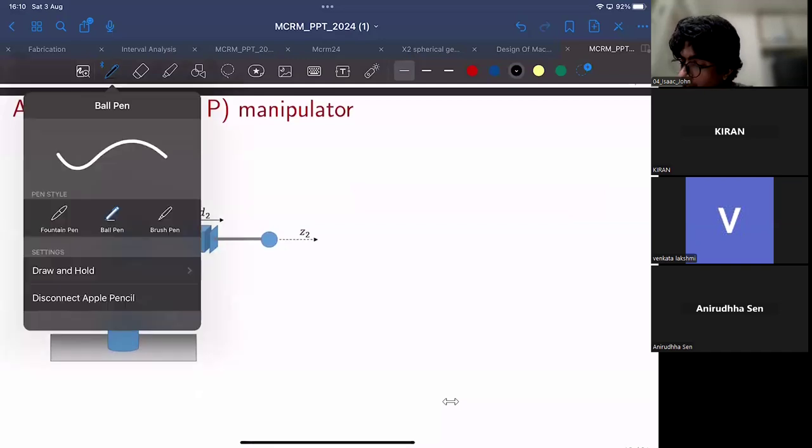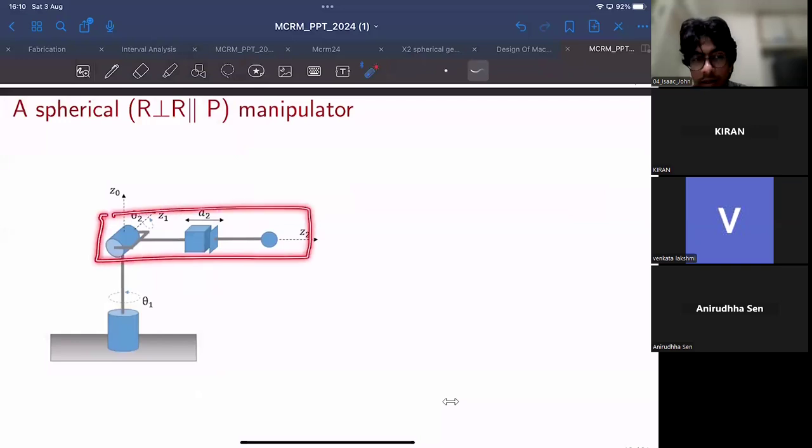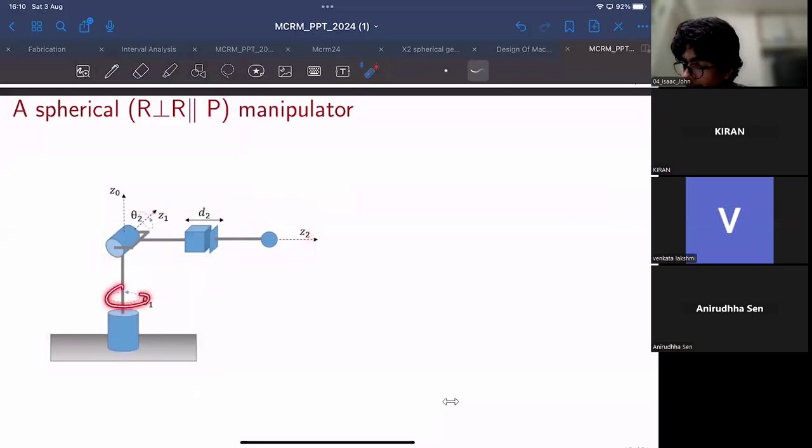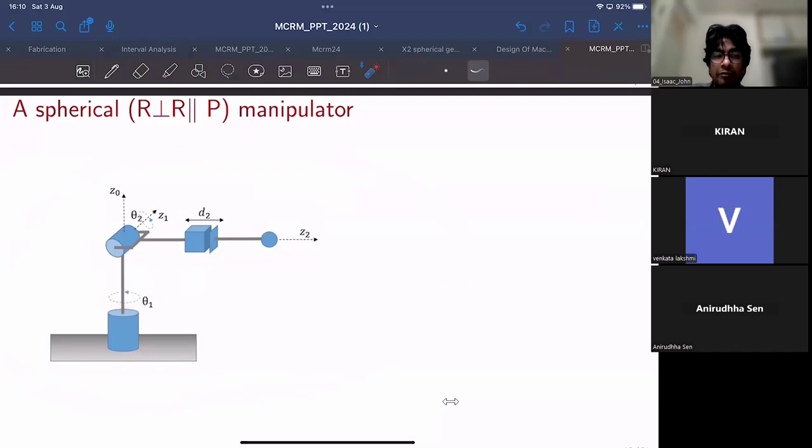Because if you consider this entire part together, it can rotate about this vertical axis. So it can reach something like this, out of plane. And there is also a prismatic joint like this. So it can slide back and forth, right? This entire thing can slide back and forth.